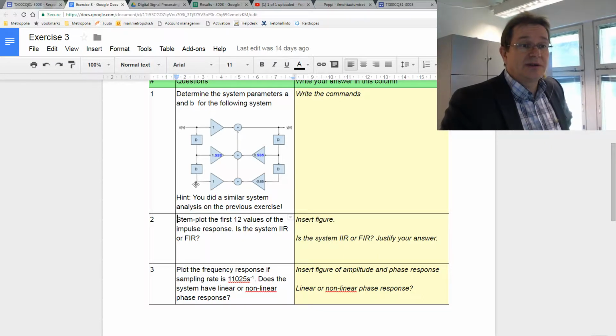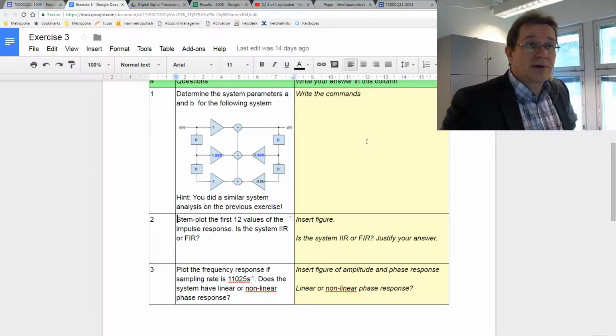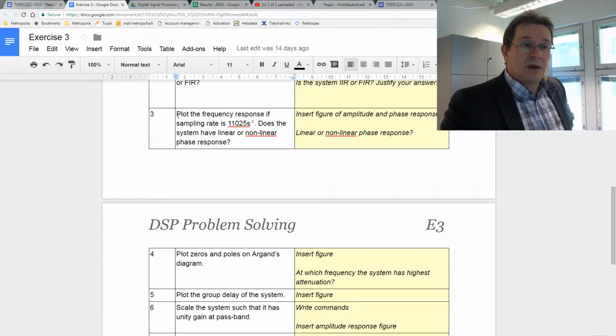So basically use this system, determine the parameters, and run your impulse through a system implementation, which in MATLAB will be filter. Okay. And then plotting the frequency response at a certain sampling rate.